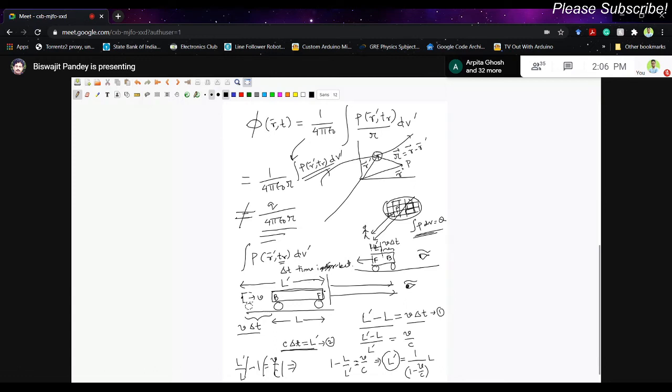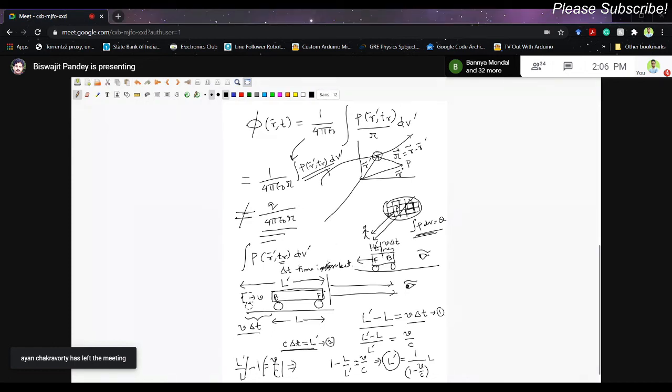For any volume you consider, the information coming from different parts originates at different instants. And this is not a static volume, it is moving. That's why its size is changing, and that change in size is given by this factor, 1 over 1 minus v by c.